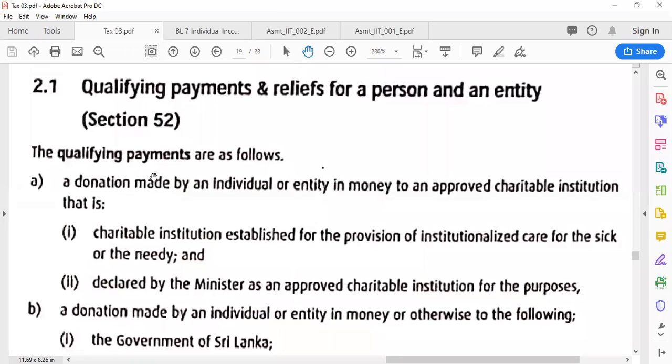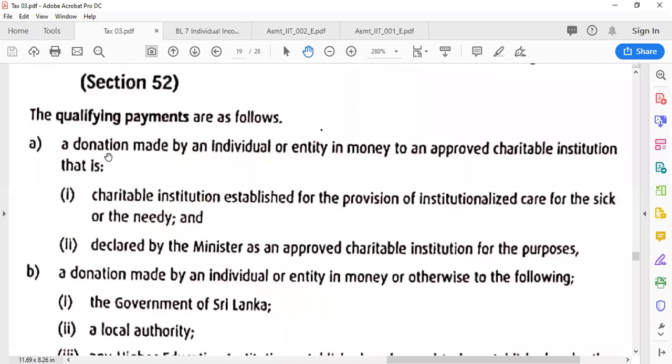The qualifying payments are as follows. Number one, a donation. A donation made by an individual or entity in money to an approved charitable institution.